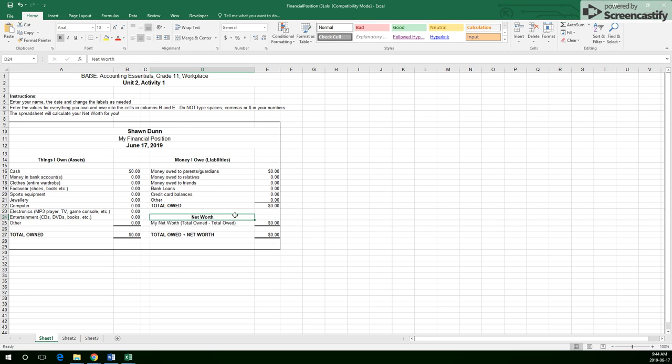Alrighty, so net worth is labeled, and I think really the best way to do this would be to put your first initial, your last name, comma, capital. That's the way this will be done on a balance sheet, because this is what a balance sheet is.